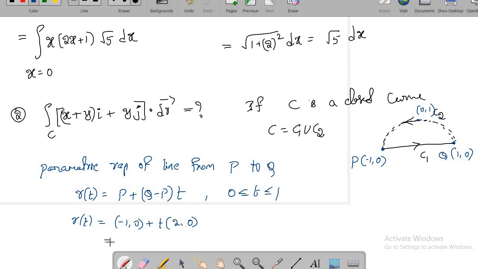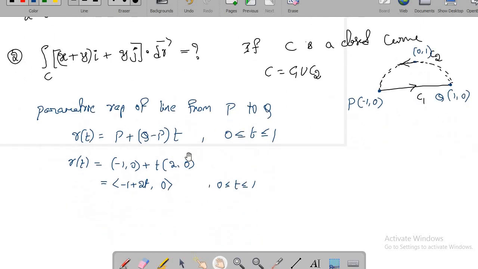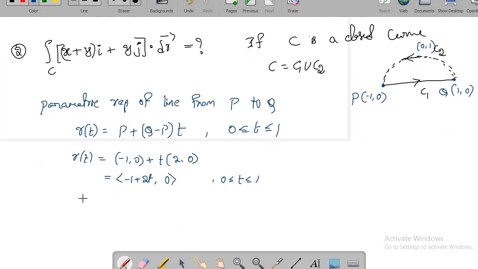In other words, this is minus 1 plus 2t comma 0, where 0 less than or equal to t less than or equal to 1. So this is the parametric representation. X is nothing but negative 1 plus 2t, whereas y is 0.